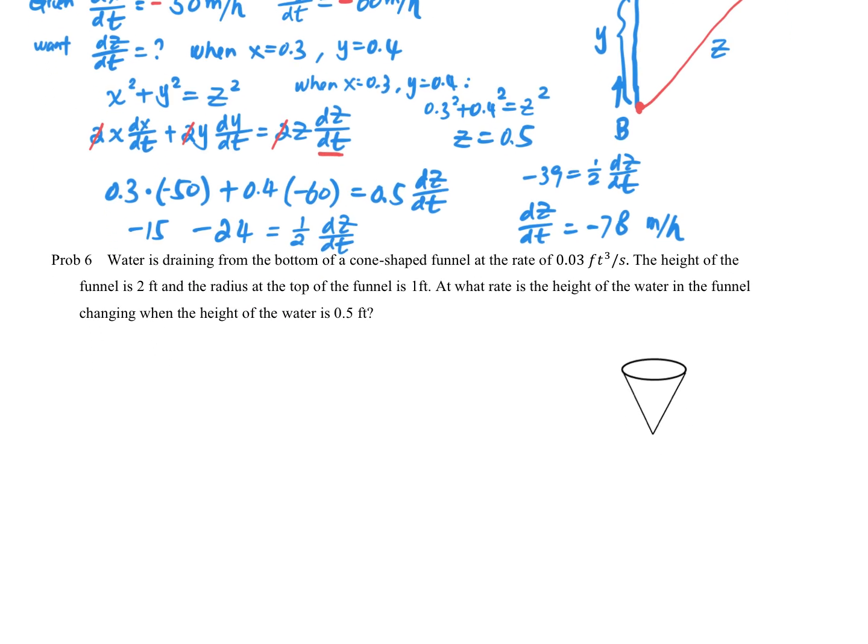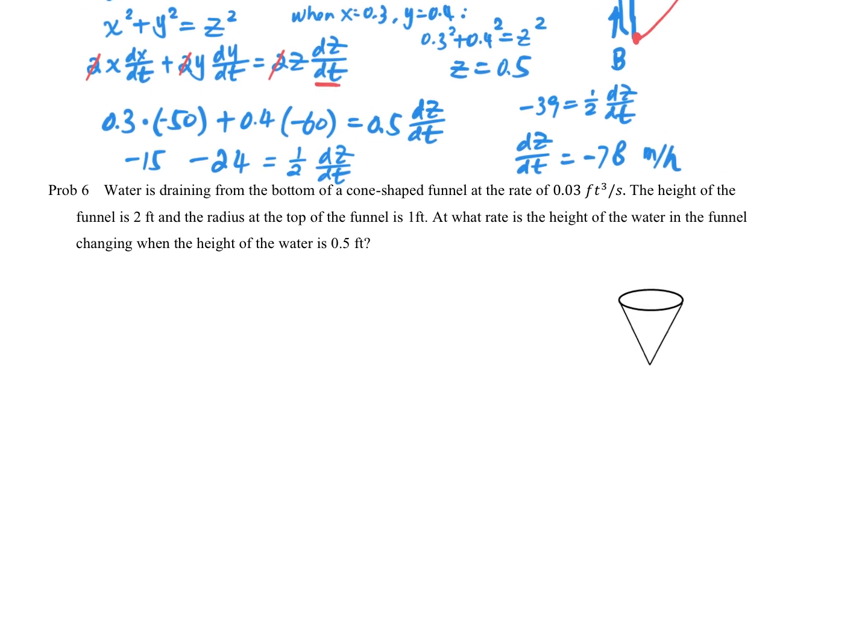All right. Lastly, we are going to look at another pretty popular problem that involves a cone. Water is draining from the bottom of a cone-shaped funnel at the rate of 0.03 cubic feet per second. The height of the funnel is 2 feet, and the radius at the top of the funnel is 1 foot.